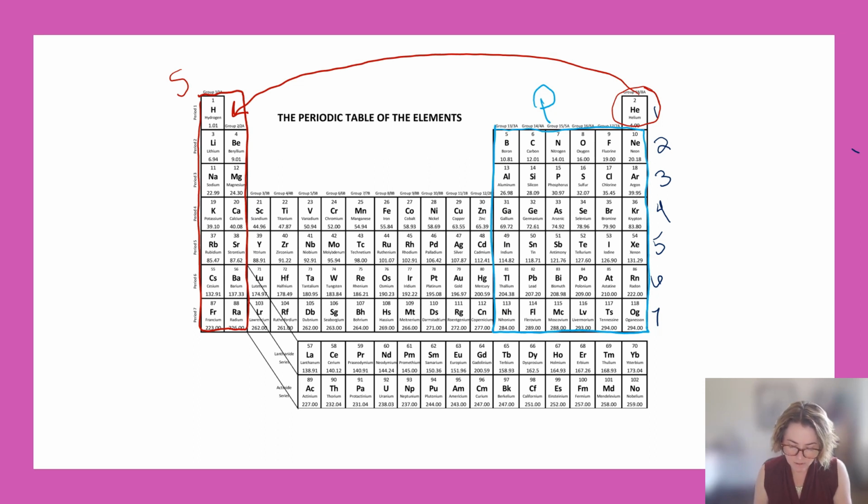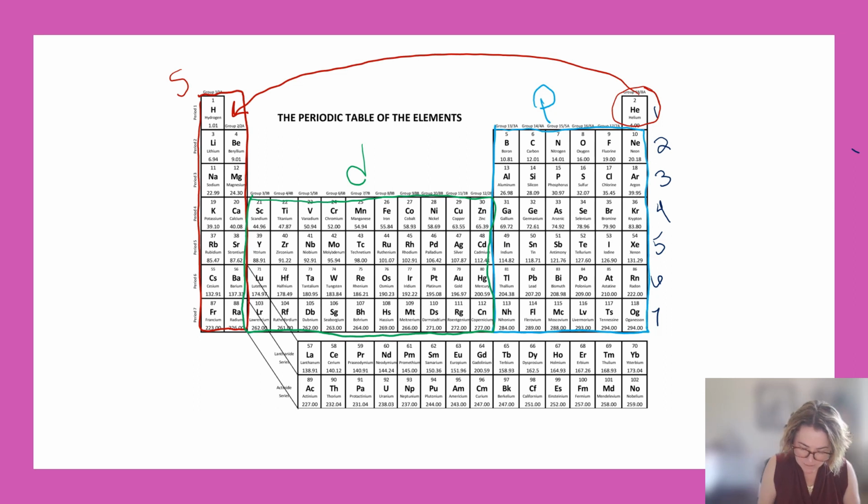The next are going to be the D's, and this is where the transition metals are. So right in here, I really wish I could draw a little bit better. These are the D's. And if I go ahead and count across, I will have 10 blocks, 10 electrons.